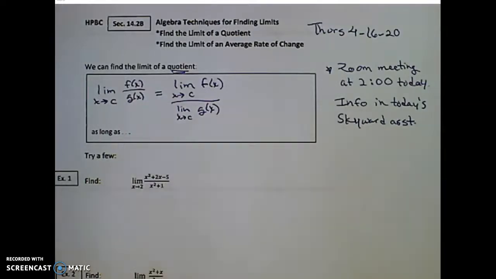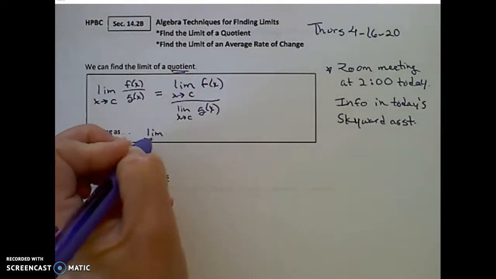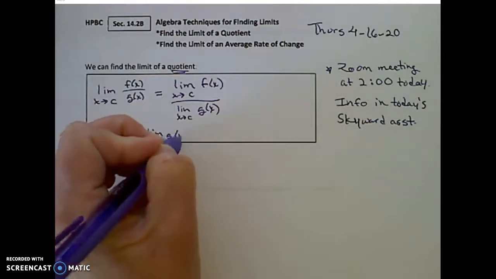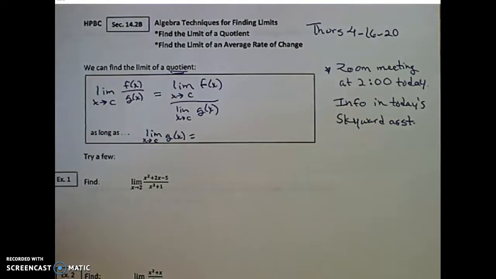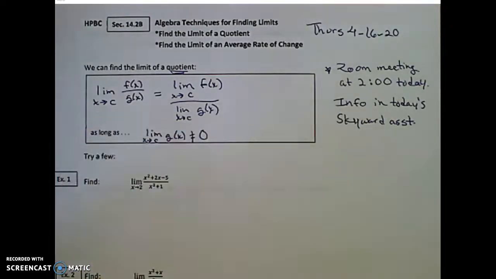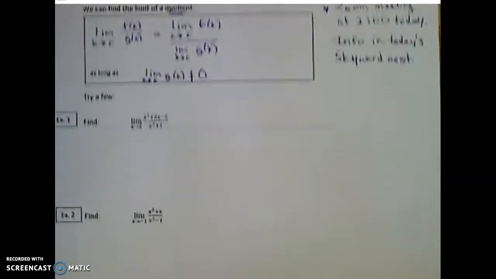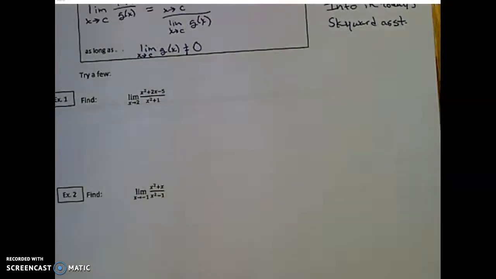But again, strange things happen with that denominator. This property is true as long as the limit as x approaches c of g of x, the limit value in the denominator, is not equal to 0. So we just have to be careful that the limit in the denominator is not equal to 0. Let's try a few limits of quotients.